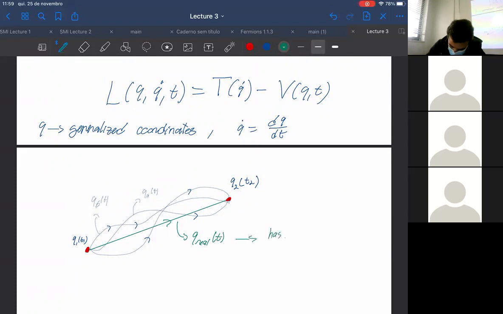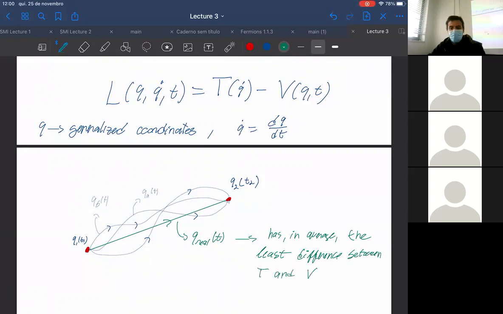Has, on average, the least difference between the kinetic energy and the potential energy, basically.